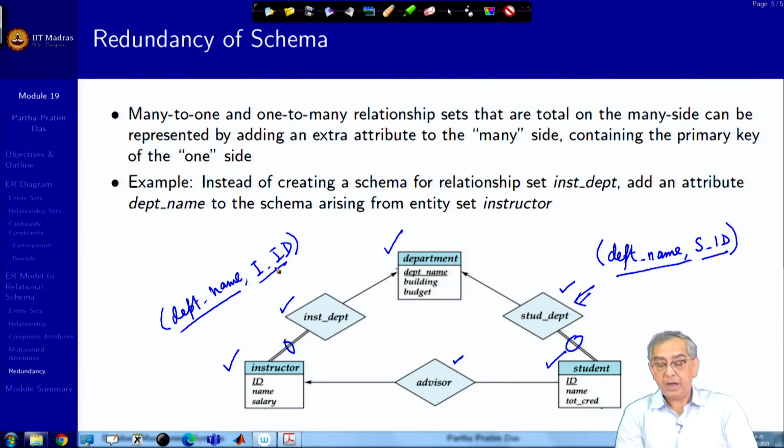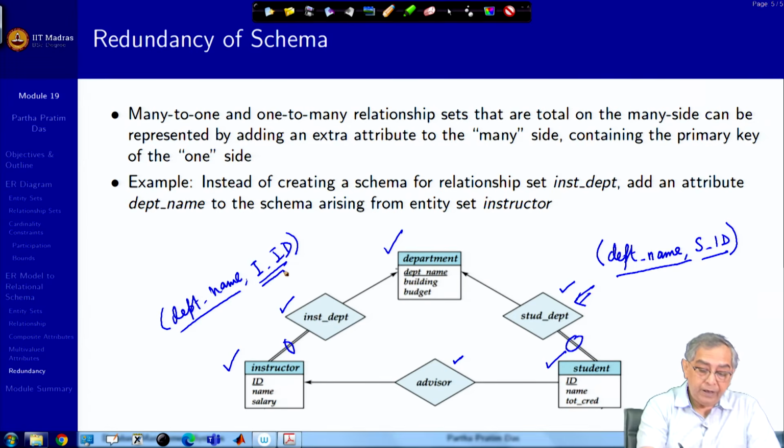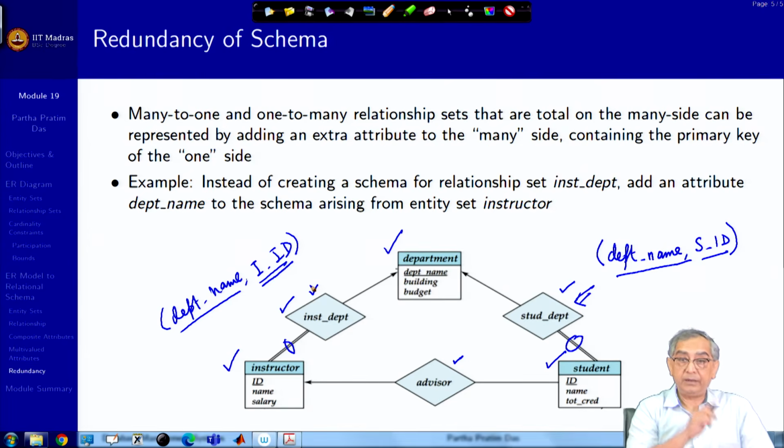Right. Now, the point is, since from the many side this is total, for every IID there is an entry in this, and it is many to one. So, that entry is unique.